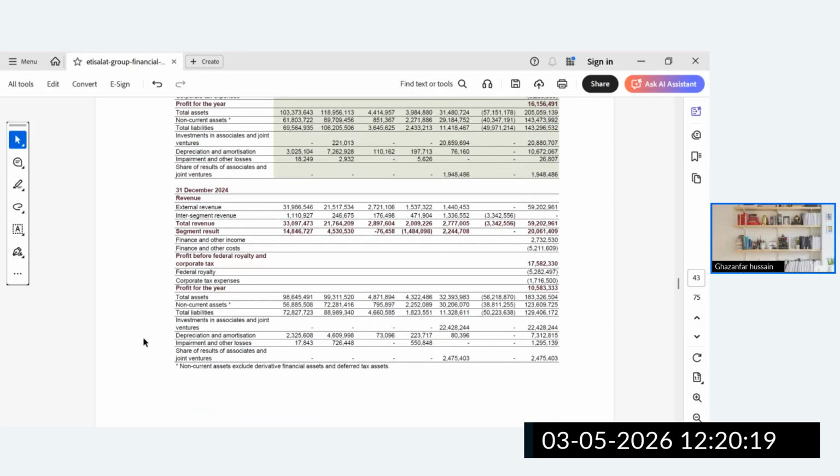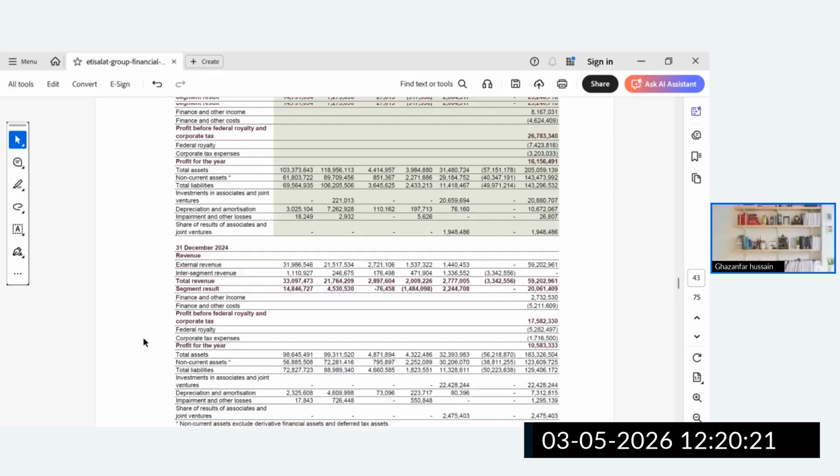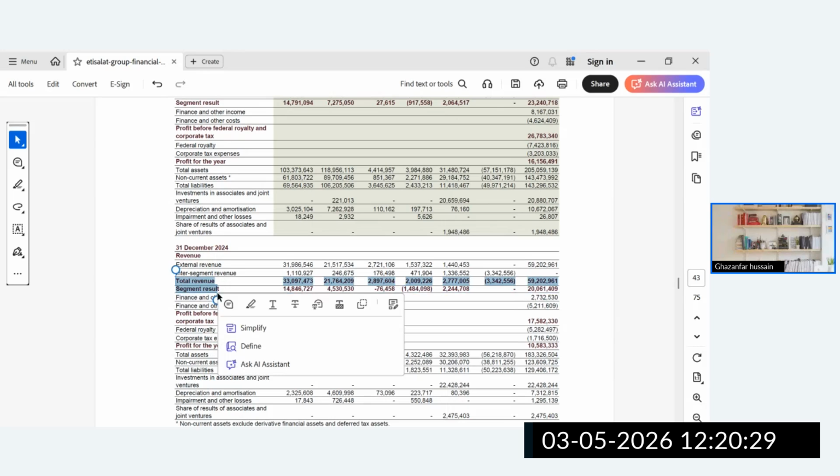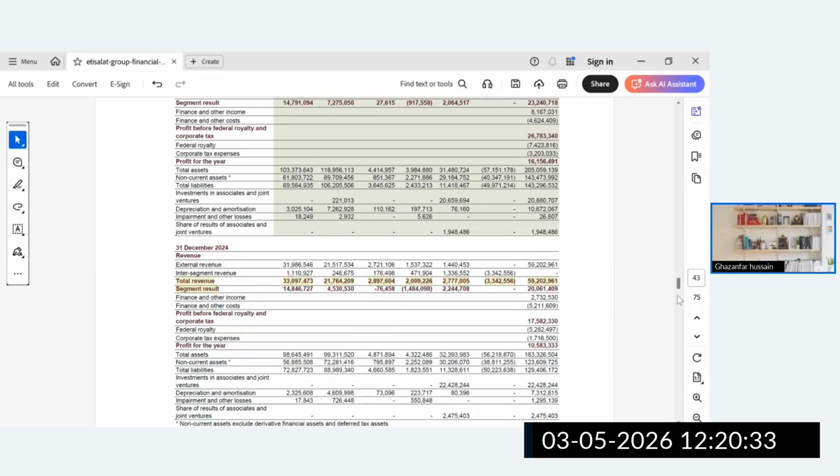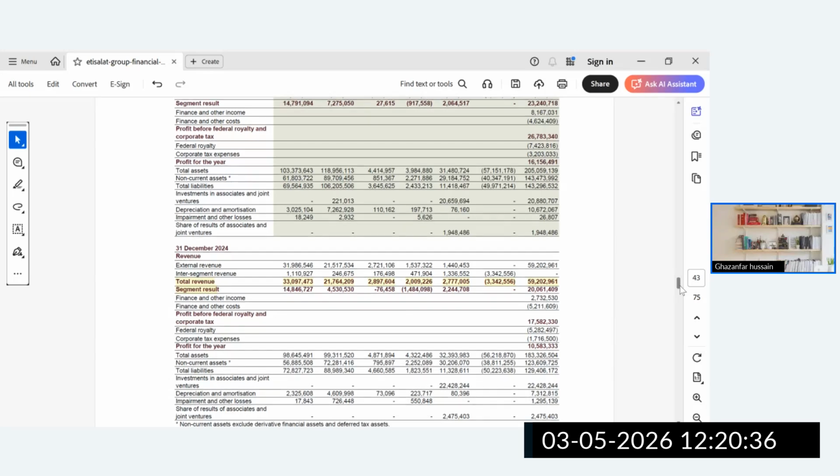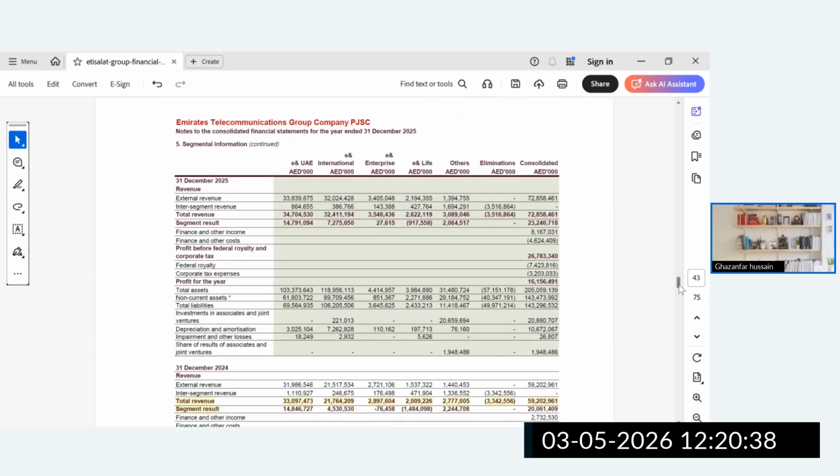See, this is the segment reporting. Also, if you look here, segment result, this is what we are seeing. They already included the segment reporting also. Each segment's reporting is there. This is as per IFRS.